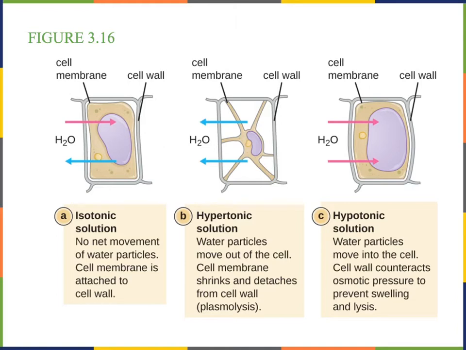So in plant cells and in bacterial cells where we have a wall, here we have the bacterial cell wall. Here's our isotonic solution, so the water's moving in and out at a constant rate, and that's when a plant wilts. It starts to wilt, it becomes flaccid.